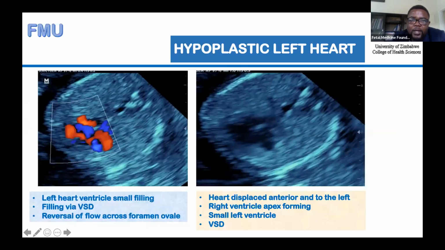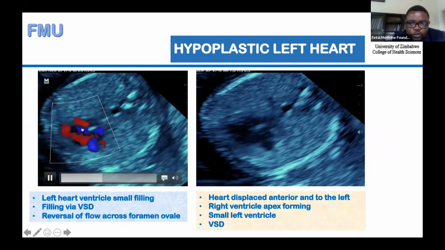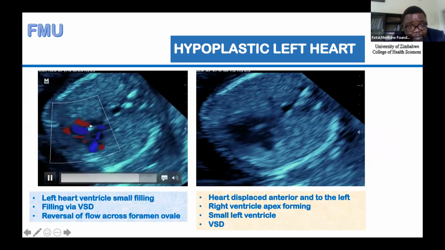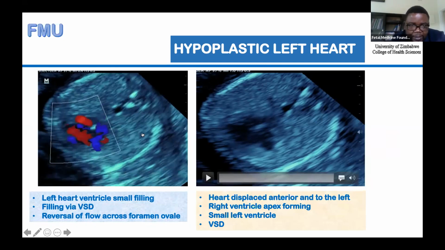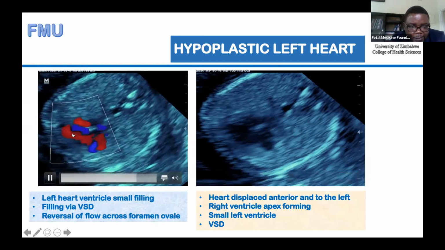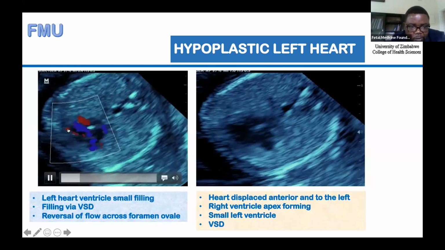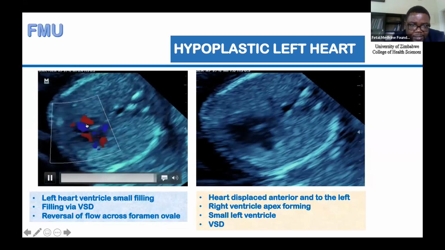This one, another four-chamber view. You can see it's filling nicely. Look, the heart looks small. It's smaller than it should be. We said it should make up at least a third. This is not a third of this thorax. The lungs are looking like they're big, right? Because the heart is small. The reason why it is small is because you can see the right ventricle is filling nicely with blood, but the left has a very small flow going through this big VSD there.